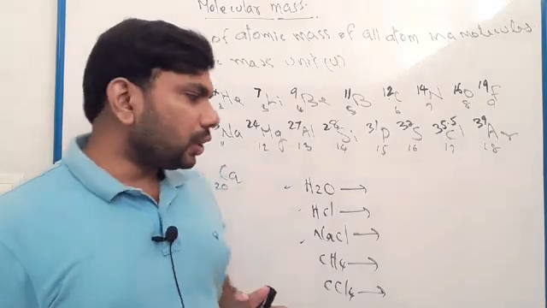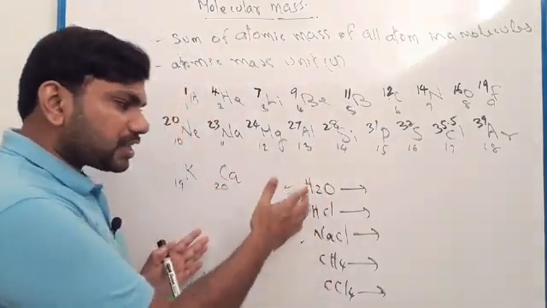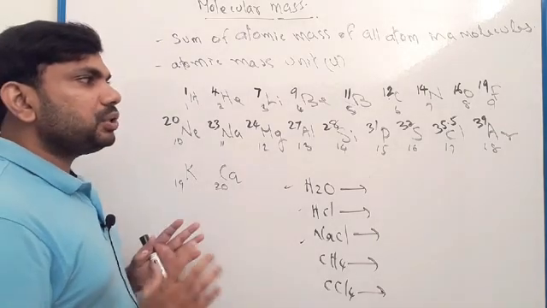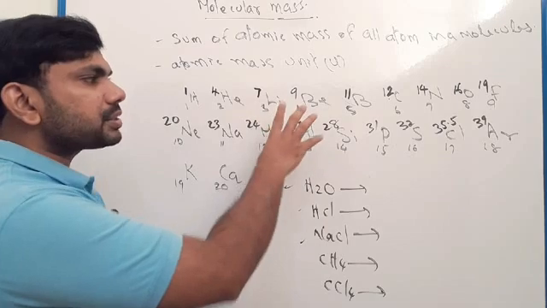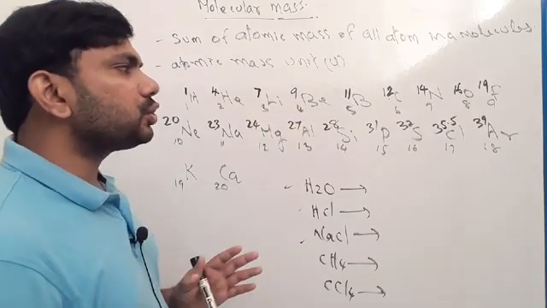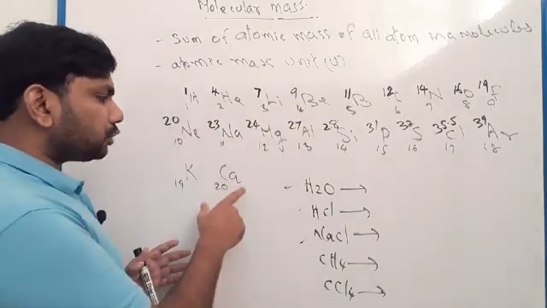Okay, so you can find molecular mass very easily, but just remember sometimes in the question these values are given, but you should try to remember at least elements 1 to 20.